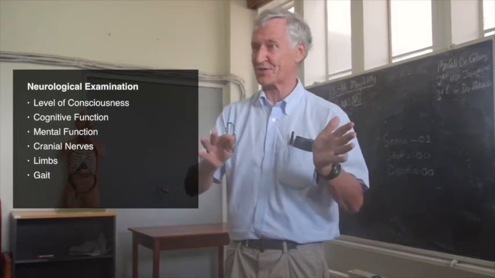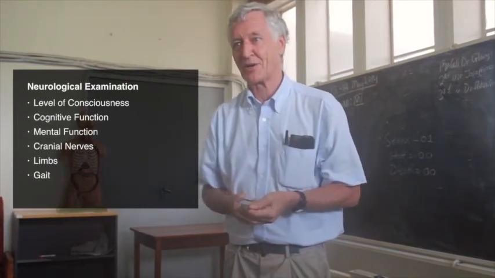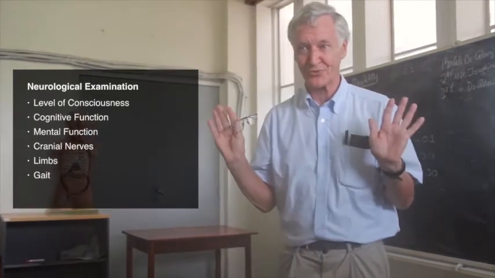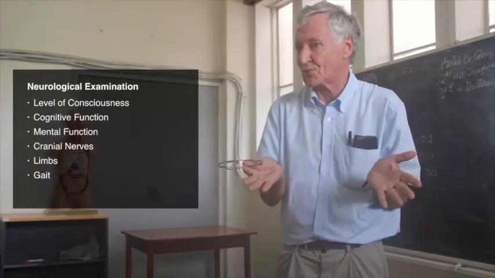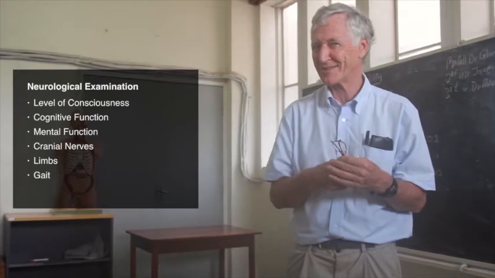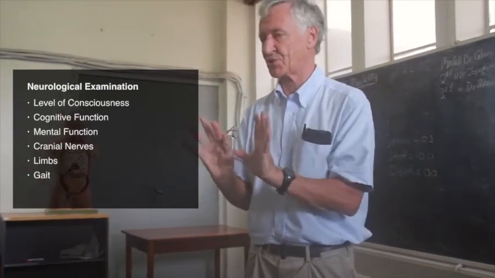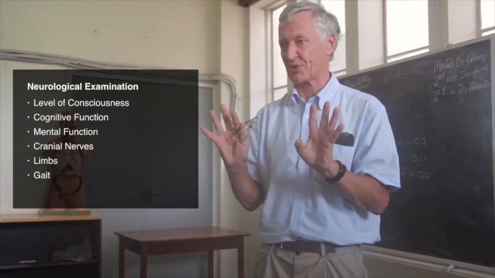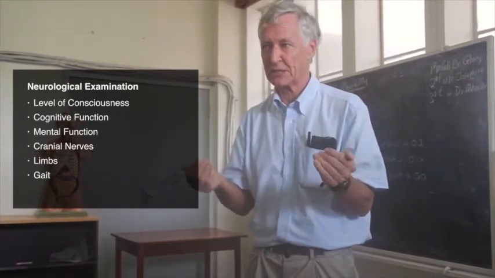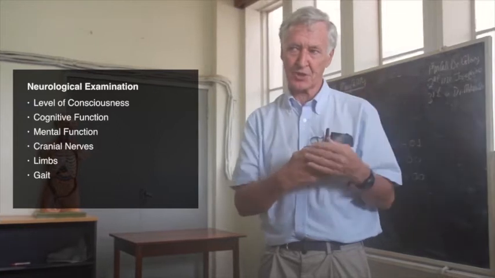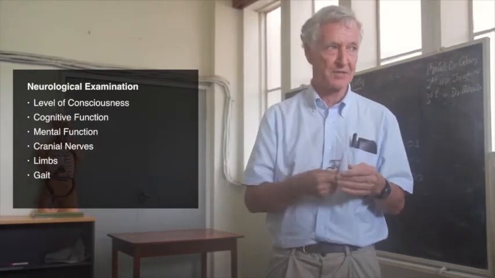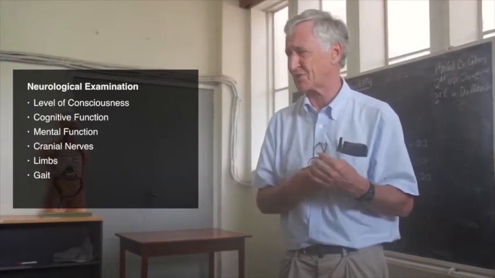Is he fully conscious, or is he what we call comatose, would be a good example, or maybe just confused. In other words, disorientated. So this immediately becomes apparent to the student, and that is often the first major observation, normal or abnormal, I call it. The student may also observe the patient's appearance and behavior during the interview.